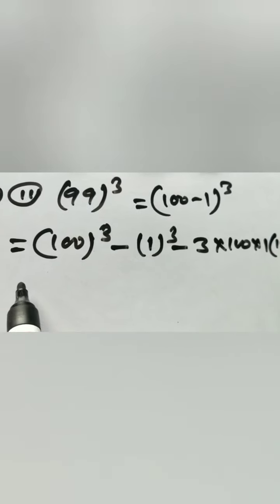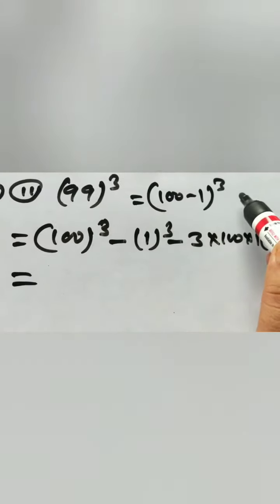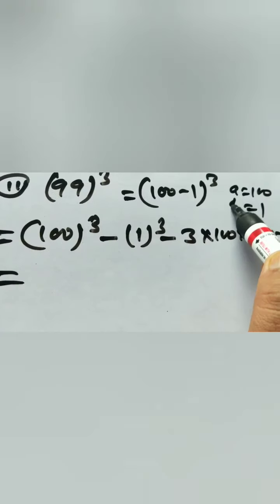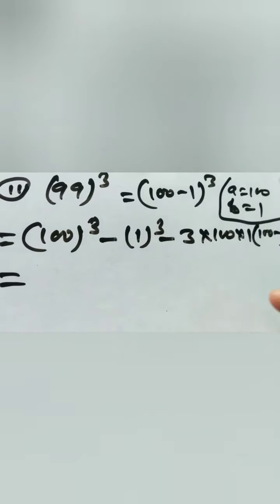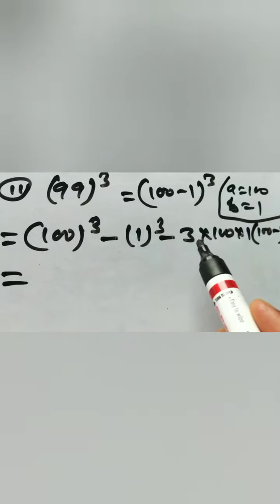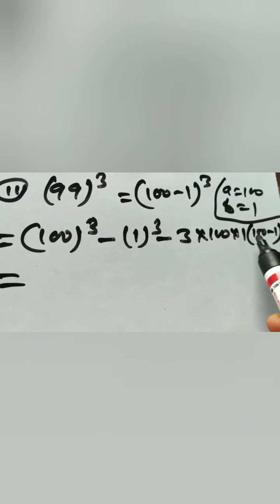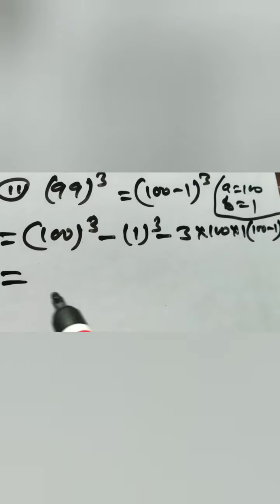So your a is equal to 100 here and b is equal to 1. So this will be 100 cube minus 1 cube minus 3a, that is 100, into b, that is 1, into a minus b, that is 100 minus 1.